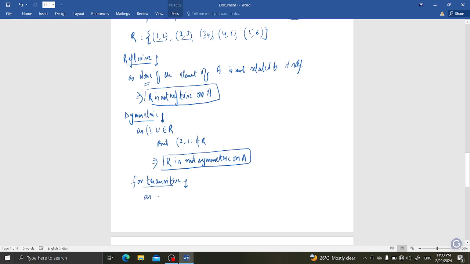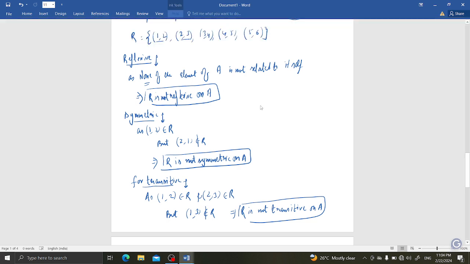So as (1, 2) belongs to R and (2, 3) belongs to R, but (1, 3) does not belong to R, this implies R is not transitive on A.